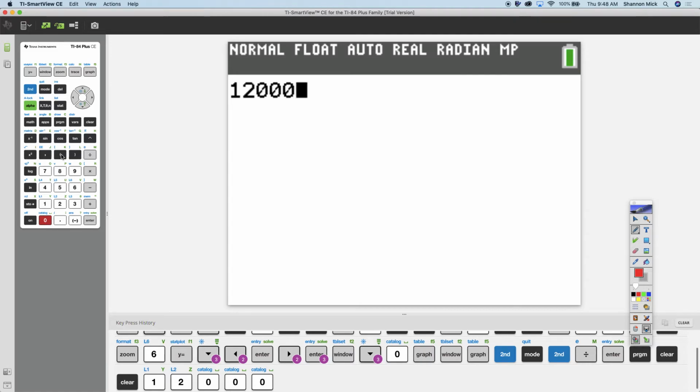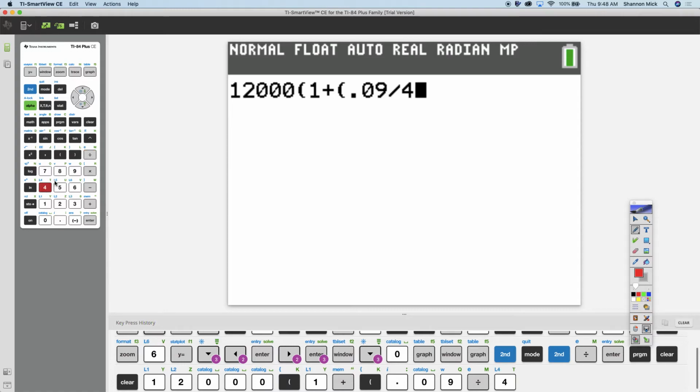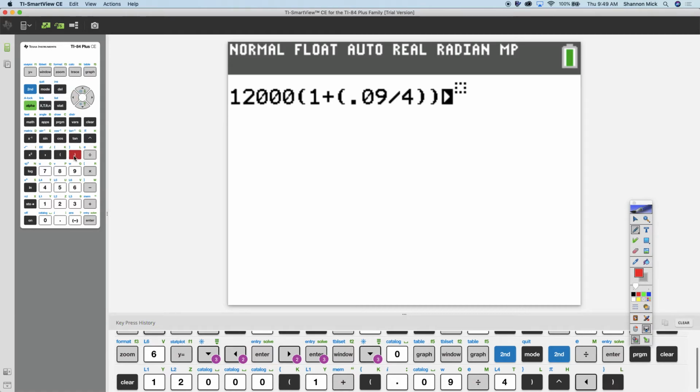And this we're doing quarterly, right? So parenthesis 1 plus, now we need to put parentheses again because we're putting in a fraction. So 0.09 divided by 4, close the parenthesis, caret. Oh, wait, I need to go back. You need 2 parentheses. Why? Because you have to finish the first one, right?